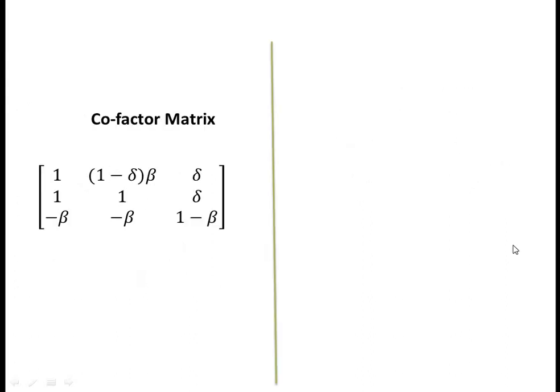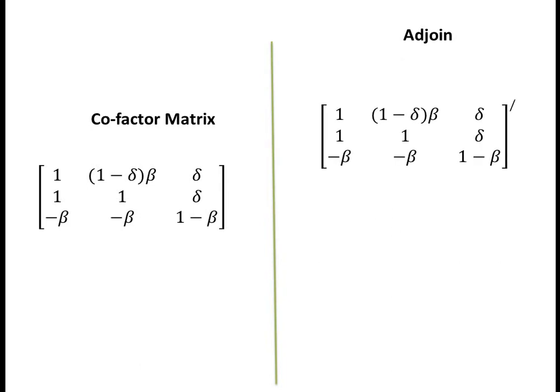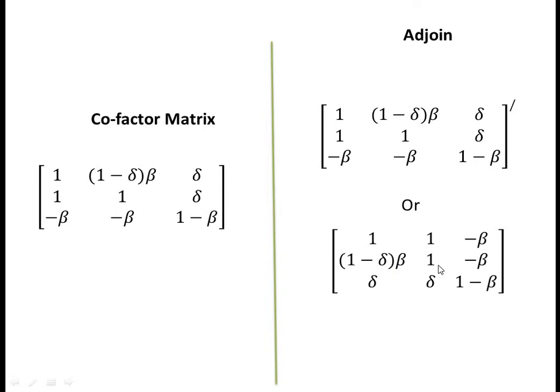Therefore the adjoint is the transpose of the cofactor matrix, that is 1 minus beta, 1 minus delta into beta, 1 minus beta, delta, and 1 minus beta. That is obtained by transposing the rows into columns and columns into rows of the cofactor matrix.